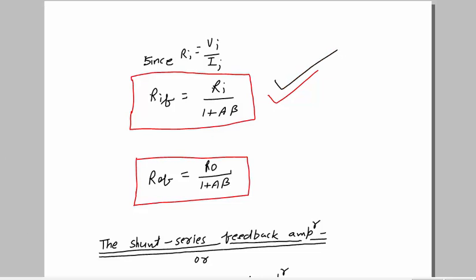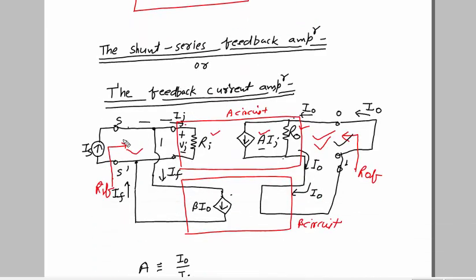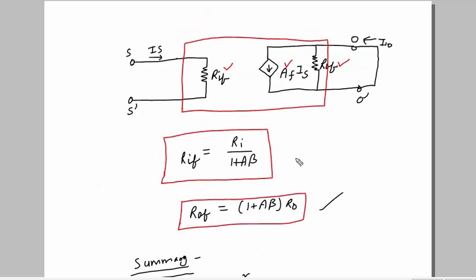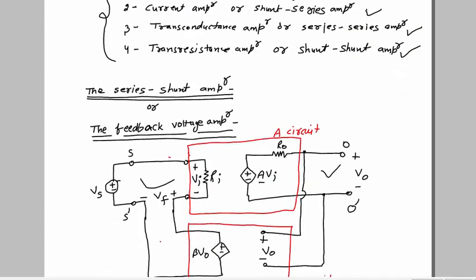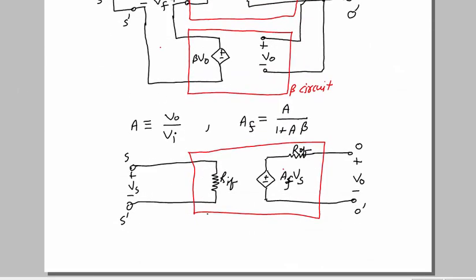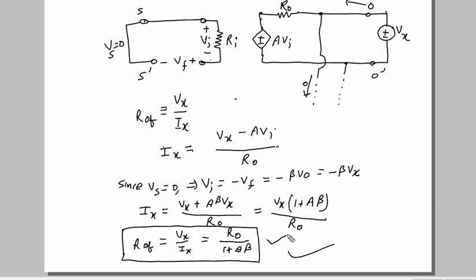Okay, second shunt connection we had shunt series. So shunt side, input side, what is RIF? Decreased. Okay, now output side shunt, let us see. So first, in series shunt, output side was a shunt, and we derived ROF for this. It was decreased.